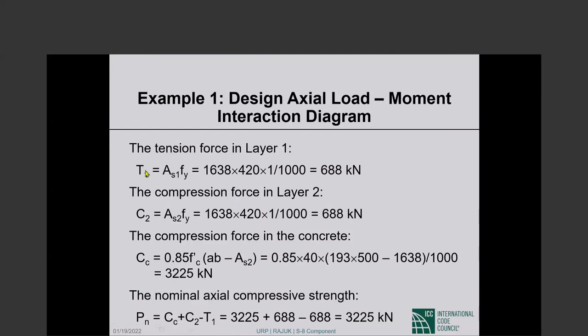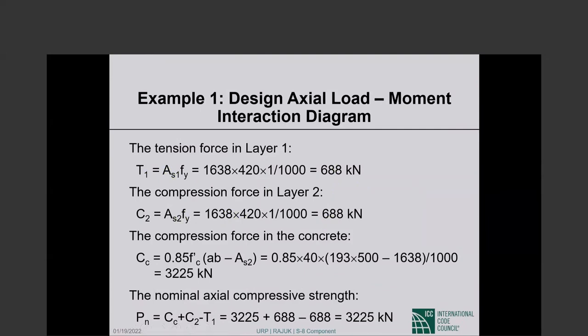So the stress in the top bars is also 420 MPa, but this is compression. The tension force is the area of the tension steel times yield strength, 688 kilonewtons. The compression in the two upper bars is the same. It is compression, but it is the total area times the yield strength, 688. So the upper and lower layers cancel each other.